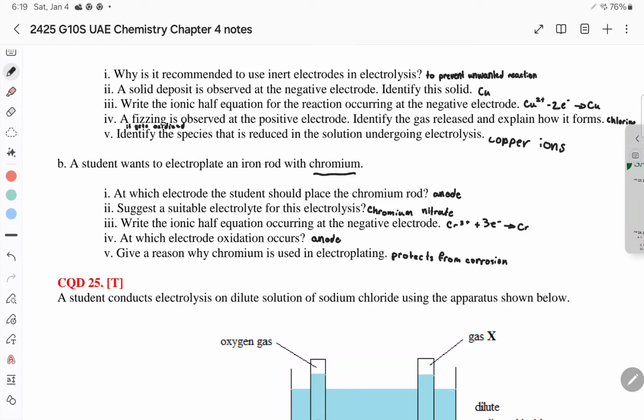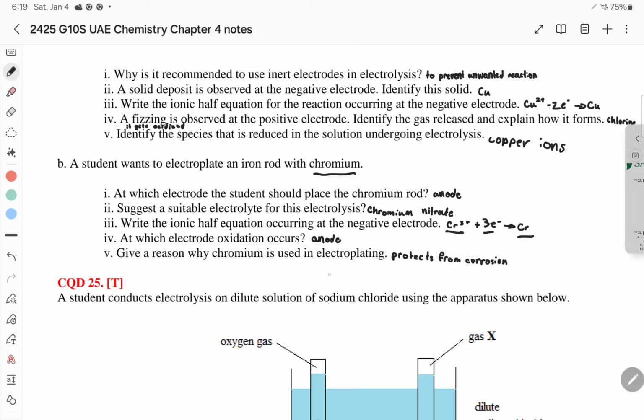At the cathode, you have reduction. So the Cr3+ is going to get reduced with 3 electrons and become Cr. And oxidation happens at the anode, because it's red cat, cathode, reduction, oxidation, anode.